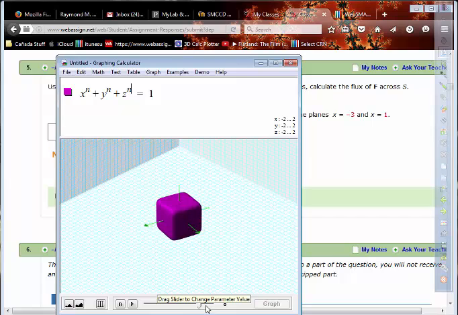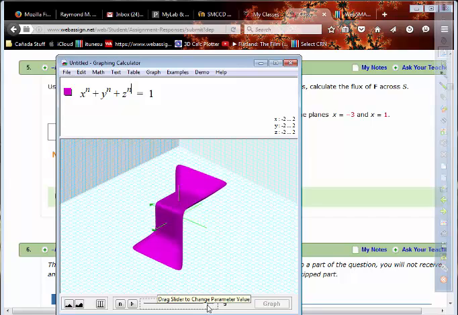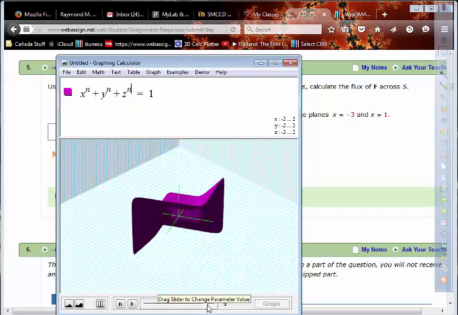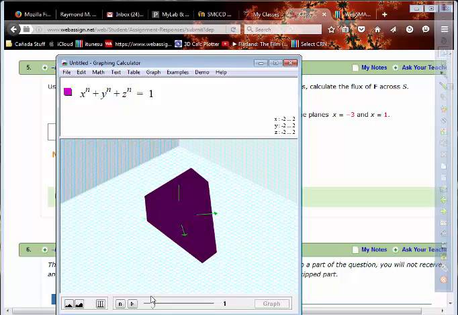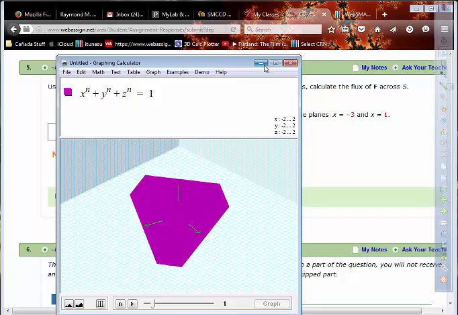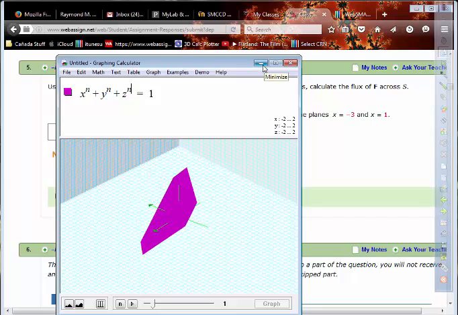Can I have odd numbers? No, I can't have odd numbers either. Anyways, that's going on a tangent.